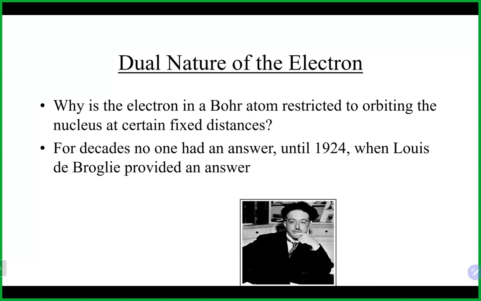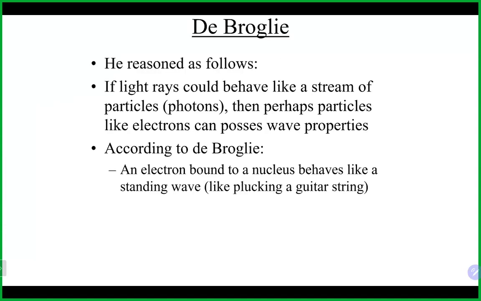De Broglie came up with this idea of, as we talked about, this dual nature: that particles like electrons could behave like waves, and waves could have particle-like function. So what he talked about was this idea of particles like electrons behaving like a standing wave.